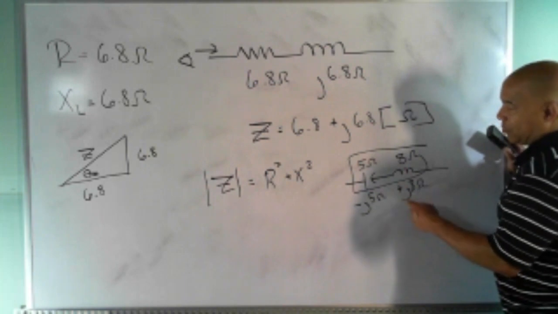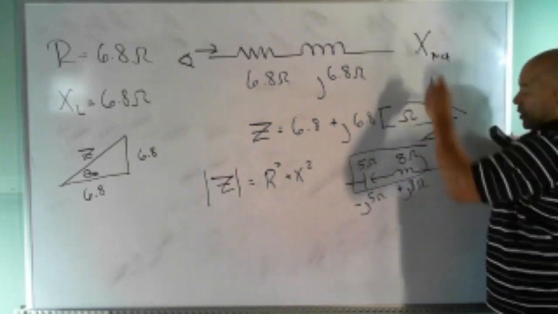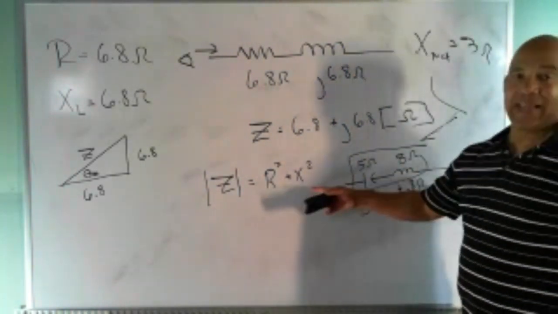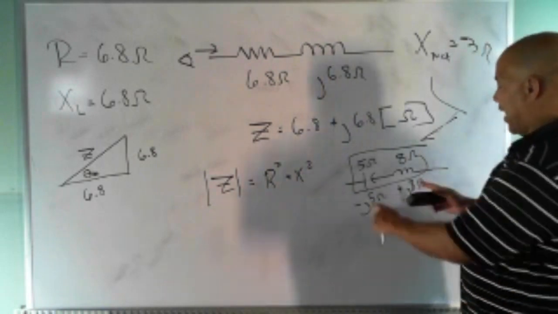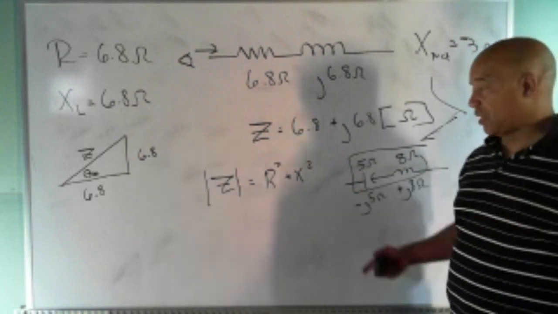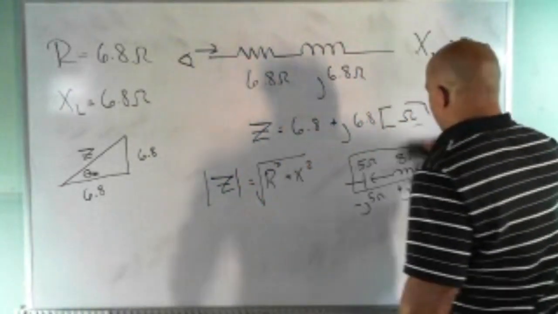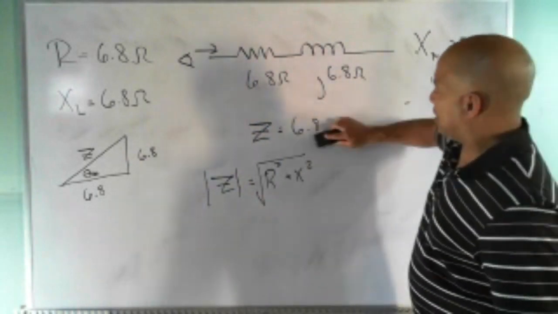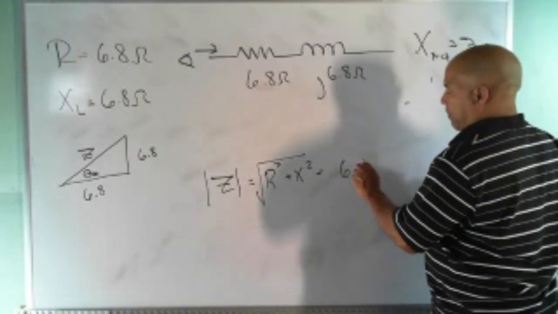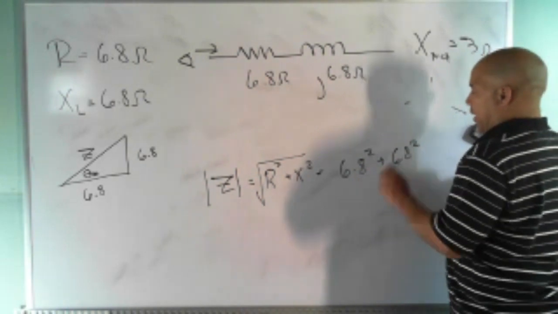My net reactance in that box, X net, is 8 minus 5, which is 3 ohms. That's what I mean by net reactance. If I have capacitive and inductive reactance in the same line, some of it is going to cancel out. Then I take the square root. So if I put that into the formula, I get the square root of 6.8 squared plus 6.8 squared.